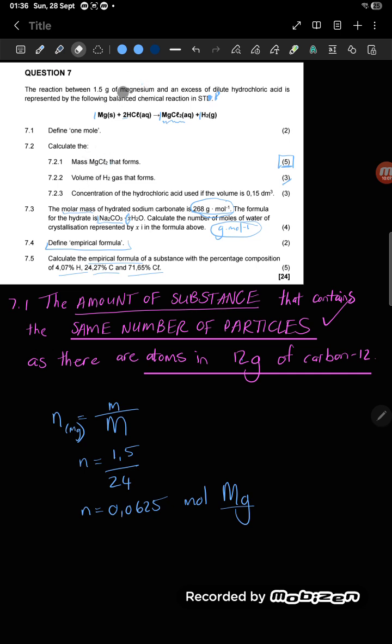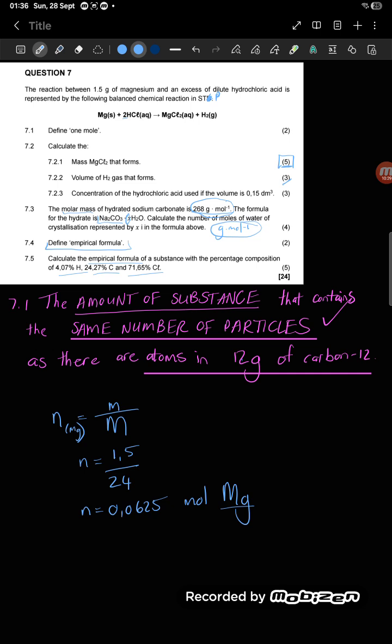Whenever I've got a balanced chemical equation, at standard temperature and pressure, I know that I'm looking at the coefficients of those molecules or compounds to make them in a ratio to each other.